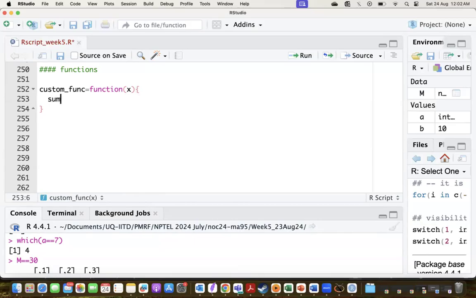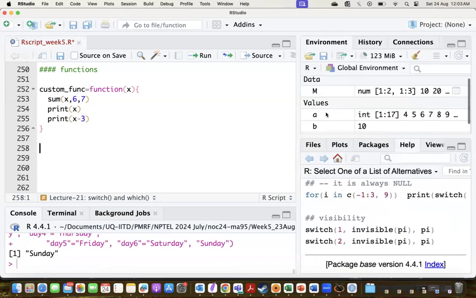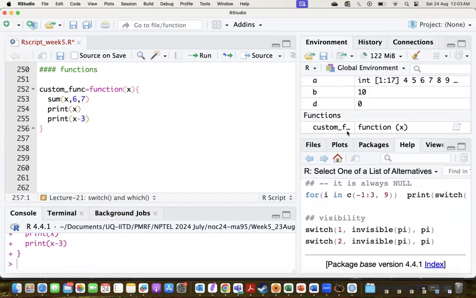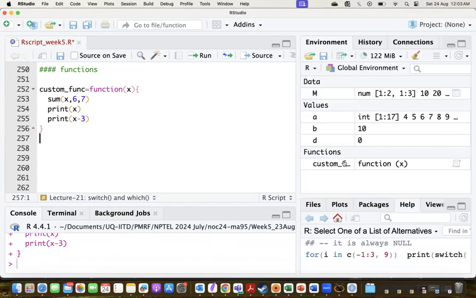So I'll write sum of x, 6, 7, print x, print x minus 3. Okay. Now I'm going to execute this function, so I'm pressing control enter. And you see here in the environment now functions have also come up. Now I'll write custom func and put in whatever value I want.